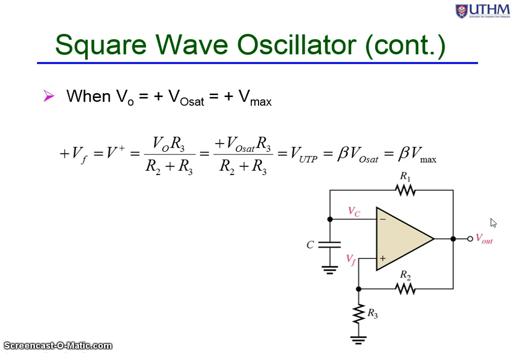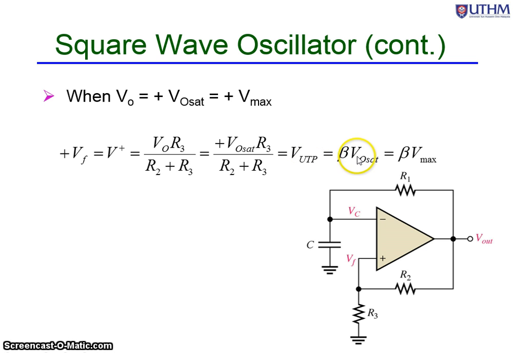Now we look at when the output is positive. Your VF will simply use the voltage divider: Vout multiplied by R3 over R2 plus R3. Or I can write it as plus VO sat times R3 over R2 plus R3, and this is the upper threshold point.